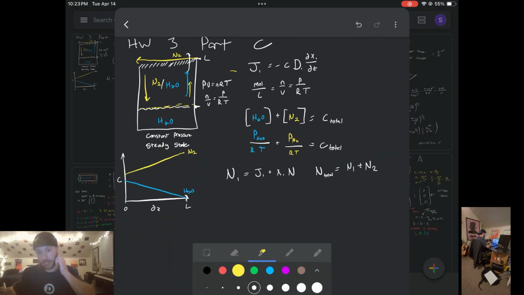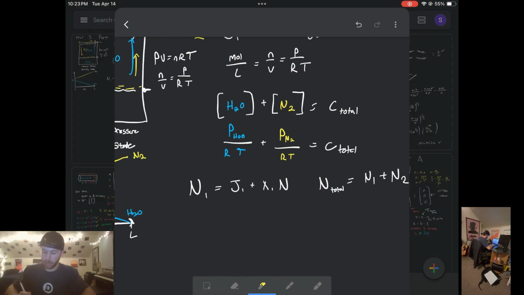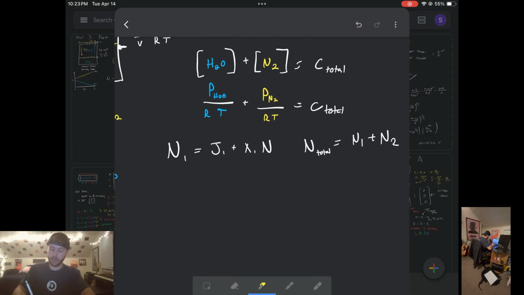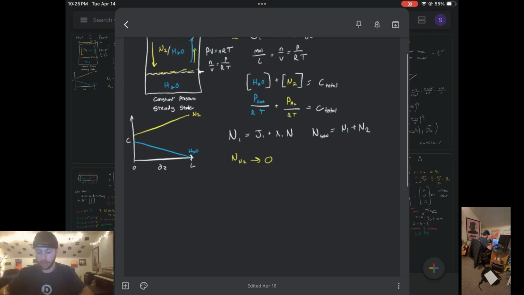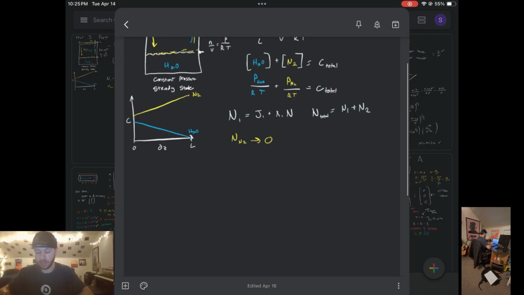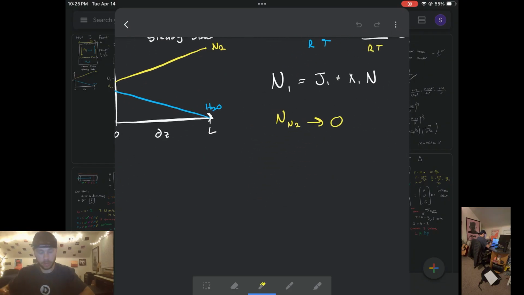Now, because that will happen, our nitrogen molar flux will go to 0. So essentially, the nitrogen will replace the displaced water.